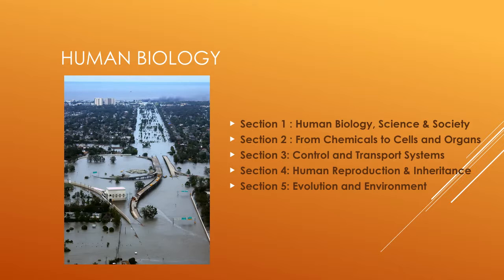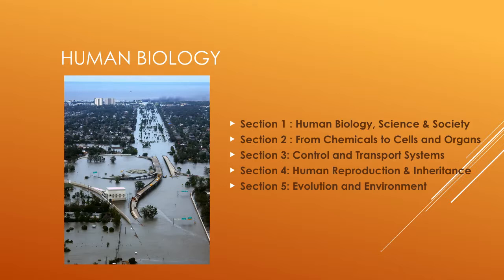And then in the last section, we'll talk about evolution and environment, how evolution affects humans and how humans interact with their environment, where it affects them and how they affect the environment. That picture there is a picture of the flooding of New Orleans after Hurricane Katrina. That might be something we talk about in section 5, that environmental section.